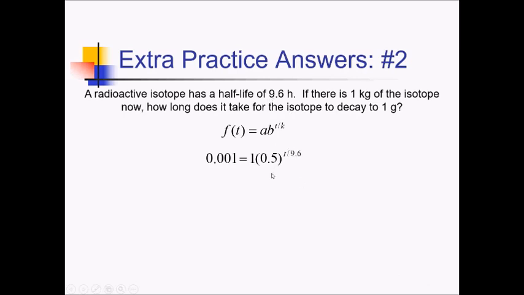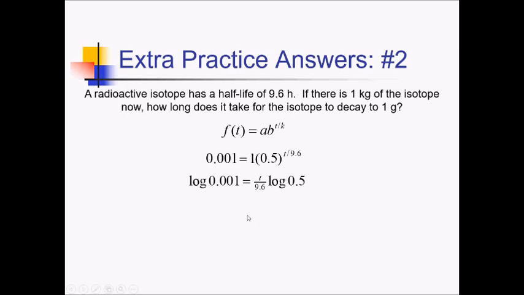And now isolating the exponential term, well, it's already kind of isolated. 1 is not going to change anything if I'm multiplying by that. So I can go ahead and take the log of both sides to pop out this exponent. I've got log of 0.001 equals T over 9.6, log of 0.5.